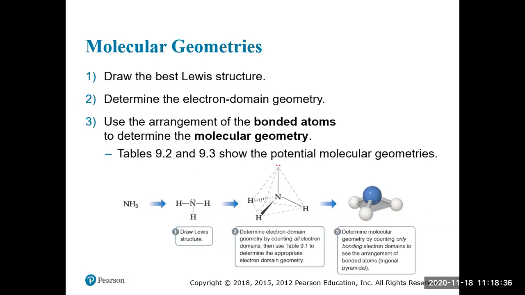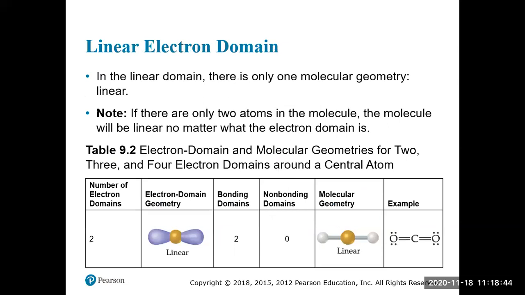So let's take a look at some of these molecular geometries and how they relate to the electron domain geometry. If we have an electron domain number of 2, then our electron domain geometry is going to be linear. And we see that there. So we have 2 bonding domains, 0 non-bonding domains, and then our molecular geometry will also be linear.